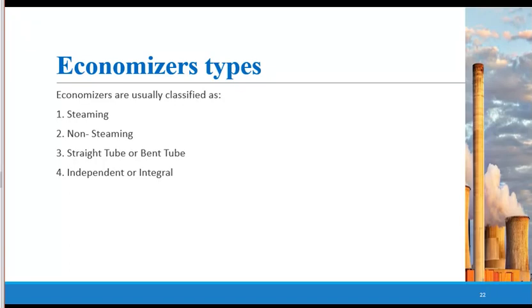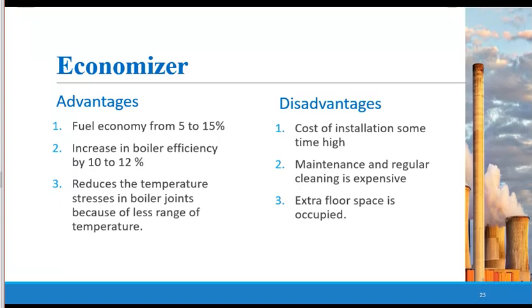Just like other parts, economizers also have many types like steaming, non-steaming, straight tube or bent tube, independent or integral, which can be studied in the textbook which is provided.